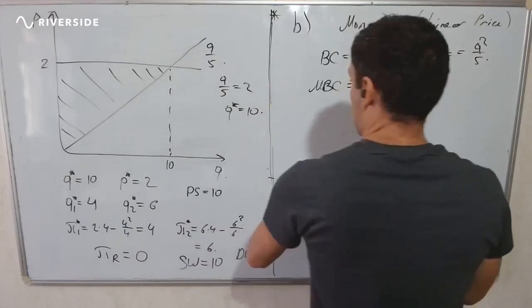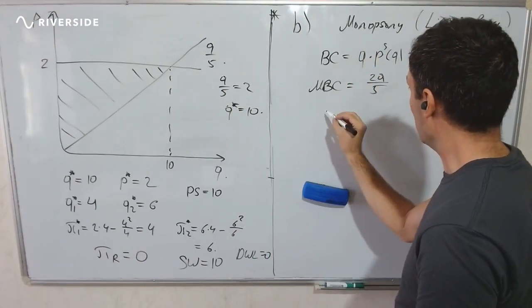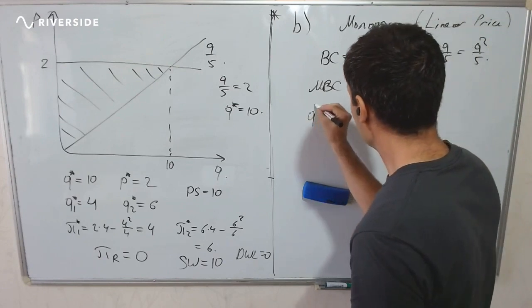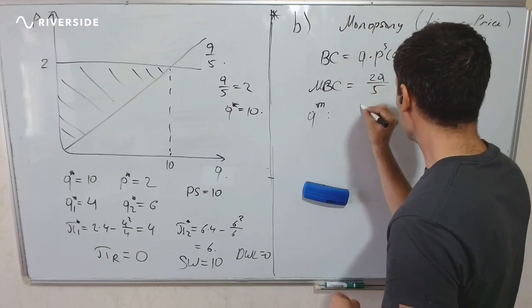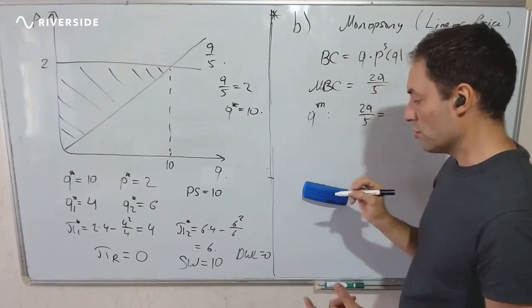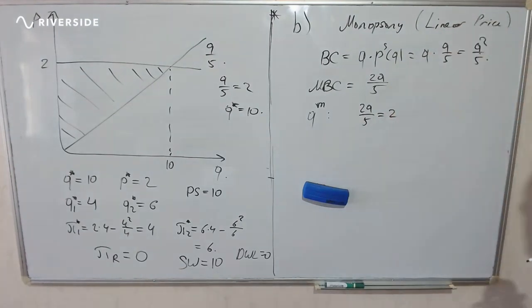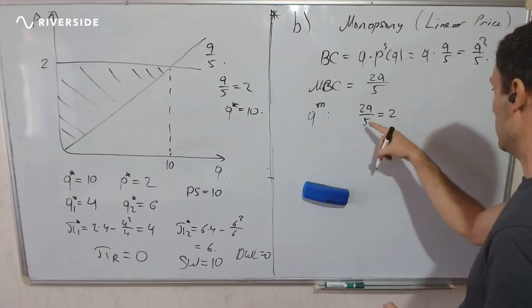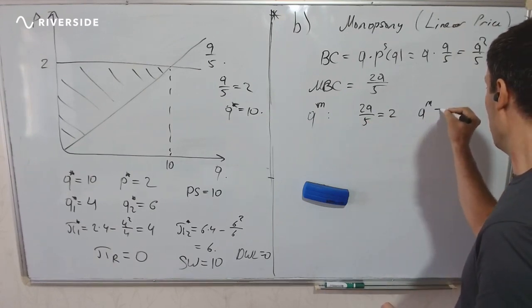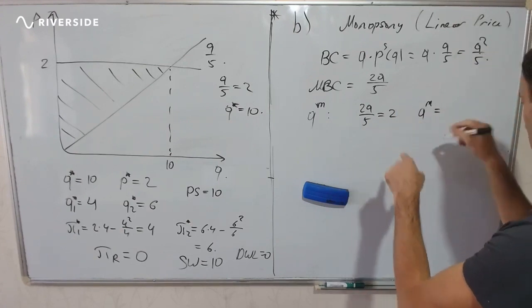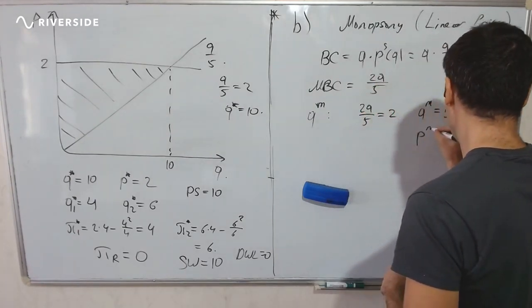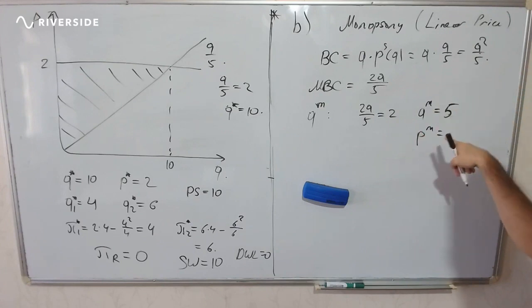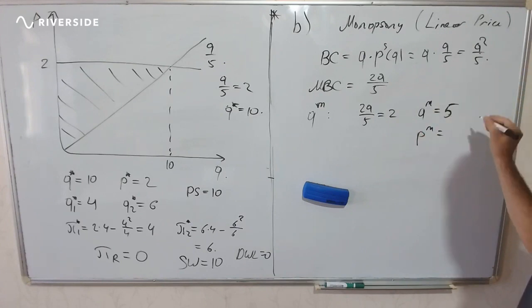Now, as a result, the monopsony will pick its quantity, Q monopsony, such that its marginal buying cost, 2Q over 5, equals its marginal value, which equals 2. Therefore, let's solve. QM in this case will be 5, and the resulting market price will be 2.5.